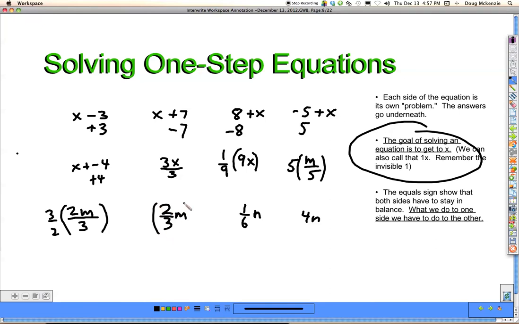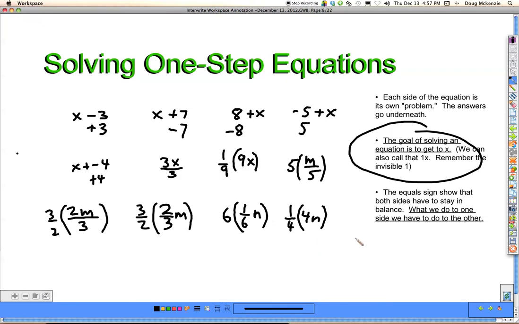I'm also going to multiply this by 3/2. For 1/6, I would multiply by 6, or 6/1, and that would give me 1n. And then finally, this one, I'll do the multiplication form again, 1/4 times 4 will give me 1 whole n.